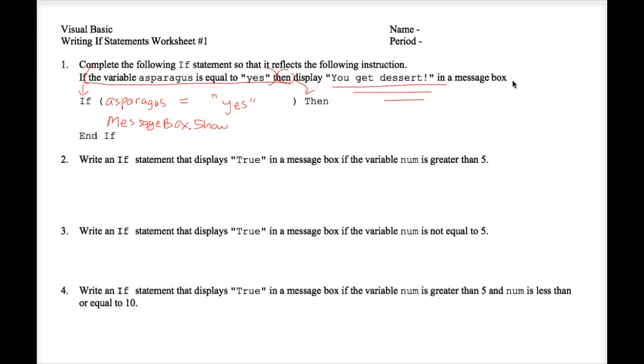Even though I didn't tell you to use the show method, you should know that. And to be perfect, like my student Elvis, you should write, you get dessert with an exclamation mark, exactly like you're told to do in the worded question. Make sure you spell that all correctly. Any questions on number 1?